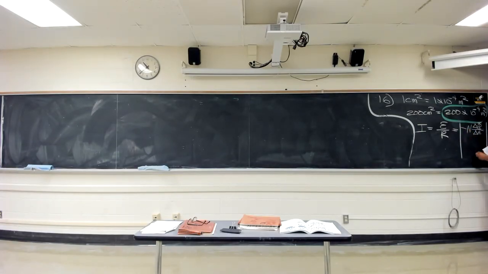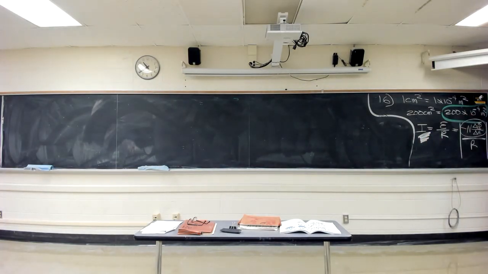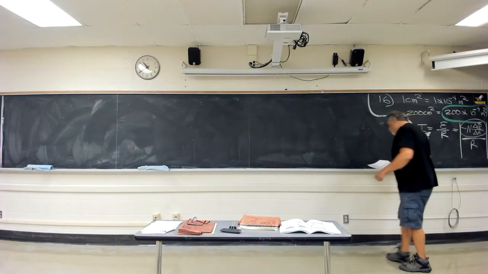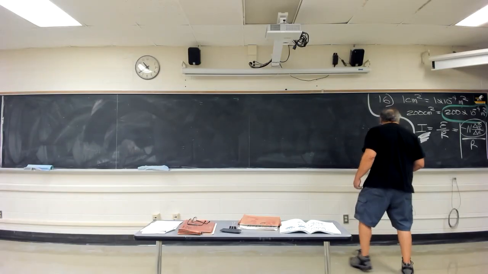The negative is there because it opposes a change in the flux. That's okay. The absolute value is going to give us positive answers. This right here is potential difference at the end of the day, and this right here is R. Potential difference divided by R is going to give us the I that we're talking about here. If you plug in these numbers, it should go pretty good for us.